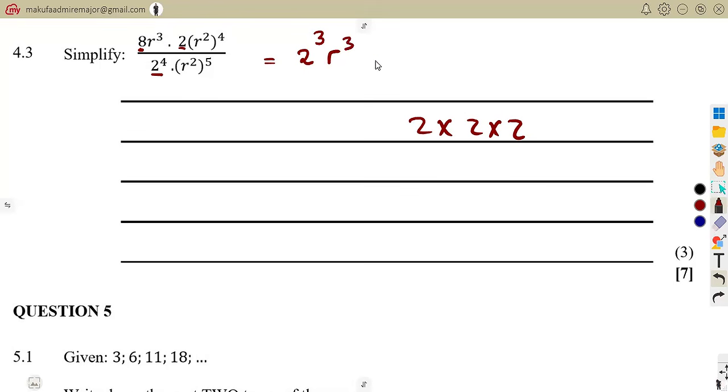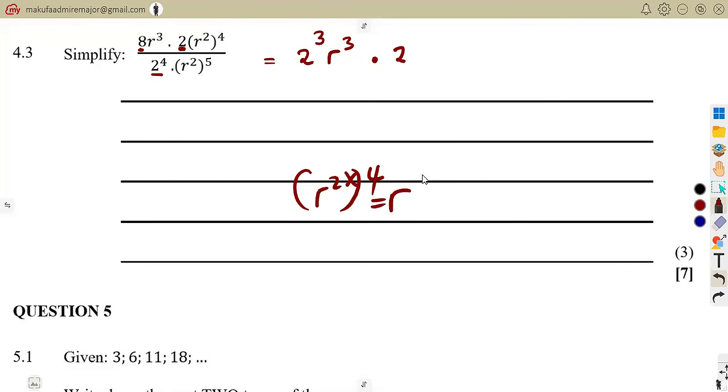R to the exponent of 3 times, we simplify this part. 2 is outside of the bracket, so it is not affected by this 4 that we are seeing there. It is not affected. It is outside of the bracket. It is the r squared that is affected. R squared to the exponent of 4. Remember, exponent, you multiply.